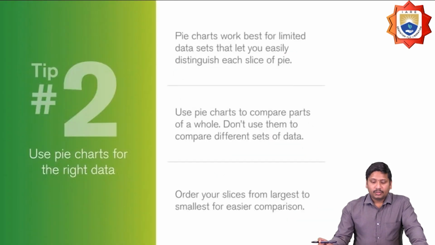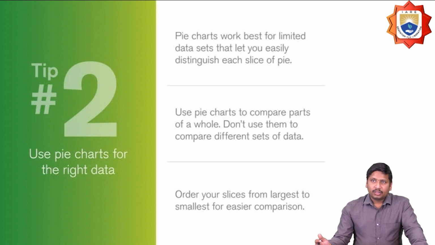Next, what tips should we follow for using pie charts for the right data? The pie chart works best for limited data sets, and lets you easily distinguish each slice of the pie. Use pie charts to compare the parts of a whole. Don't use them to compare different sets of data, and order your slices from largest to smallest for easier comparison.